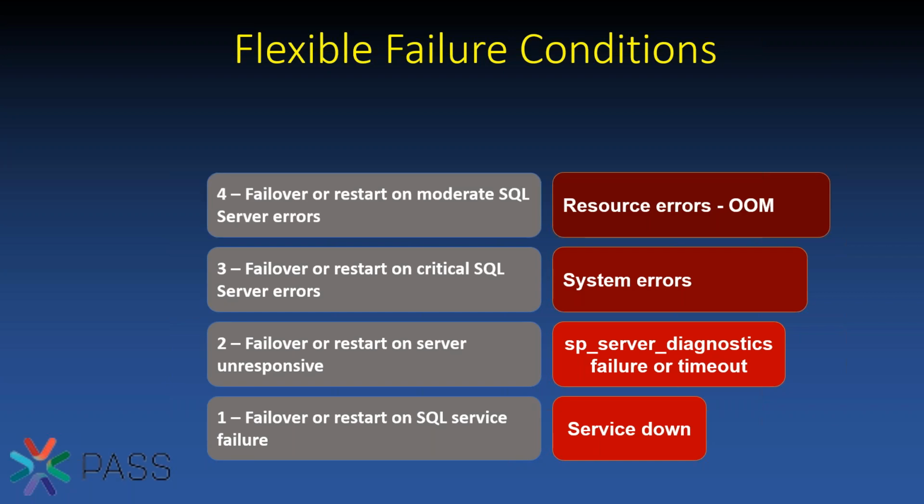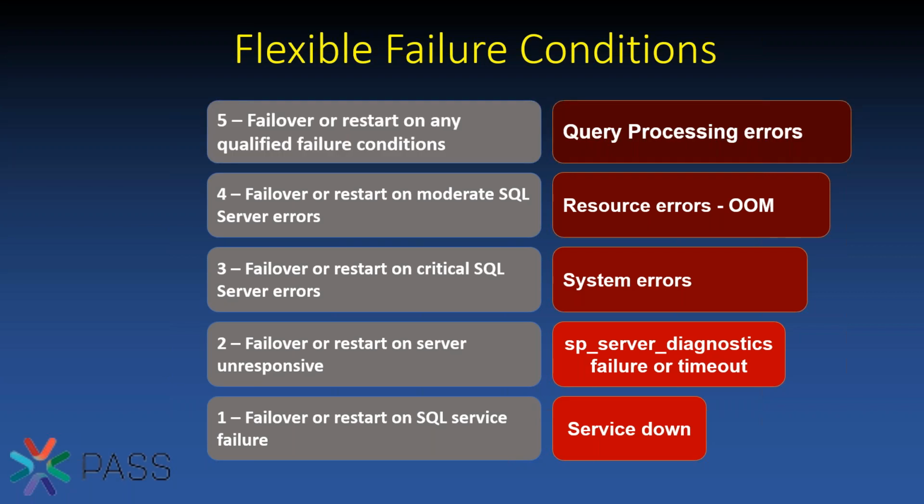At level 4, and all of these are cumulative. So level 3 does all the level 2 and level 1 checks. Level 4 does all the ones below it, and we add one additional check. We look to see if we're having any out-of-memory errors. If we have out-of-memory errors, then we will initiate a failure condition.